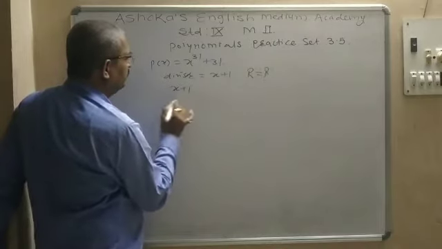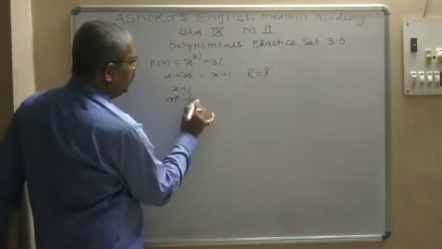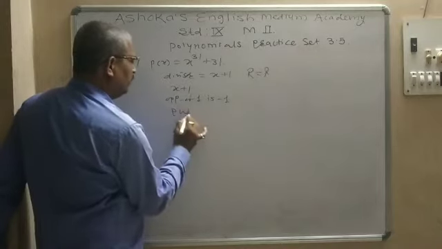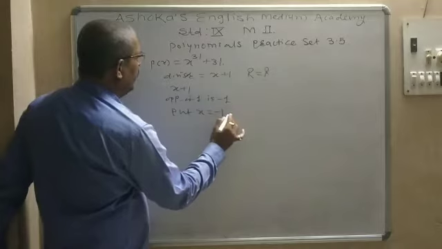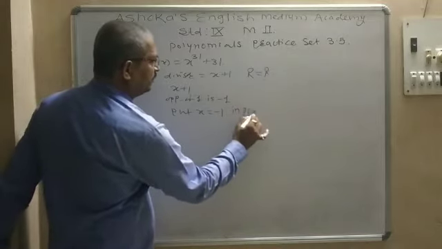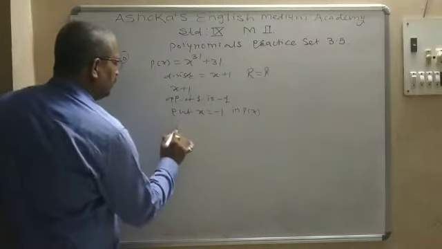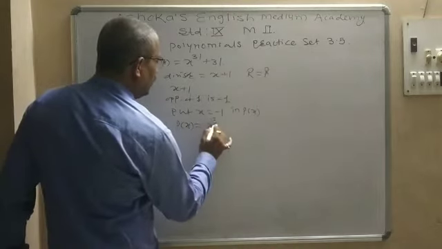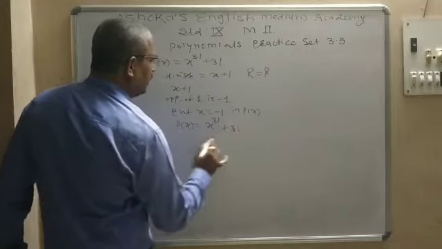x plus 1, opposite of 1 is negative 1. Put x is equal to minus 1 in p(x). So p(x) is equal to x raised to 31 plus 31.